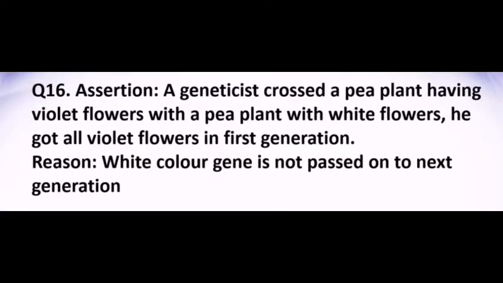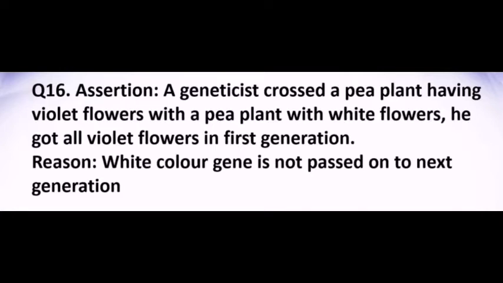See the next question. A geneticist crossed a pea plant having violet flowers with a pea plant with white flowers. He got all violet flowers in the first generation. It is correct. But the reason given here is white color gene is not passed on to the next generation. But actually the gene of white color is passed to the next generation, but it is not expressed, that we have studied.